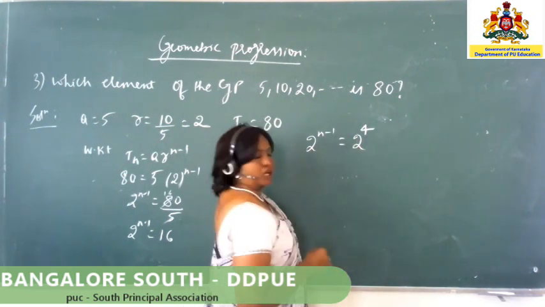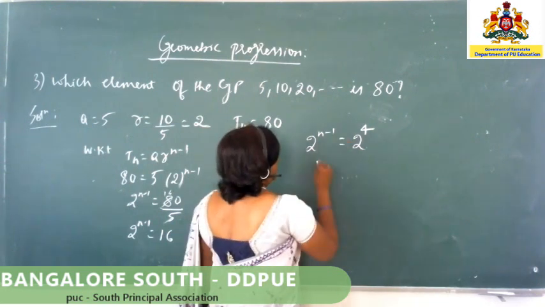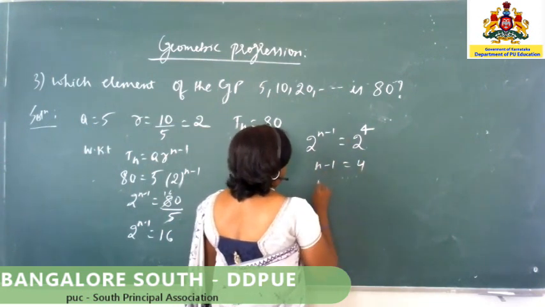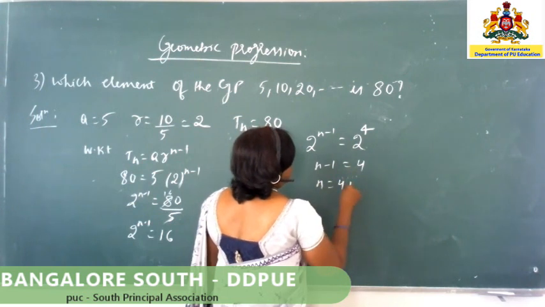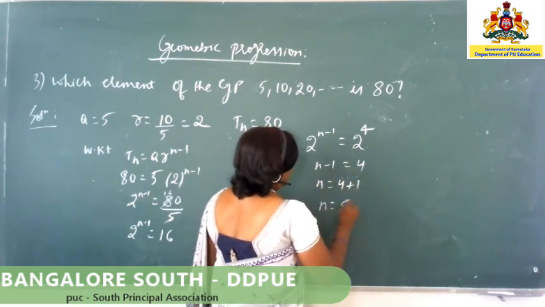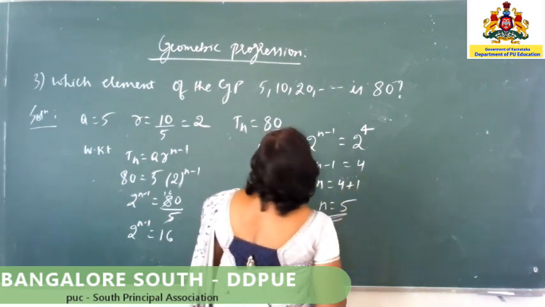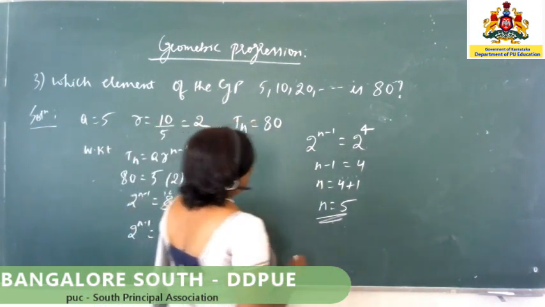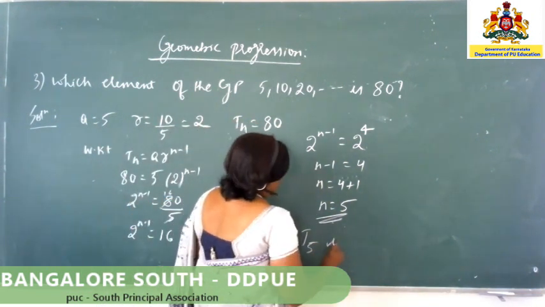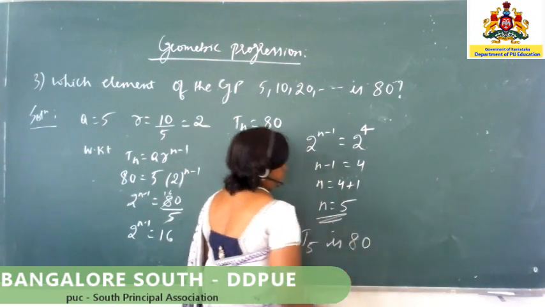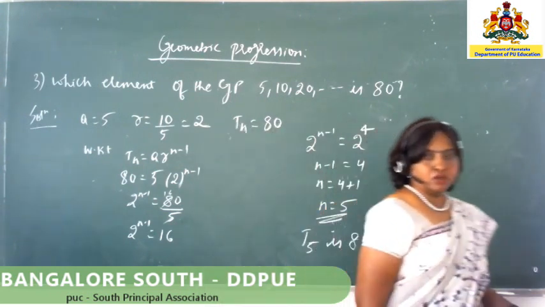So the bases are same, powers will be equal. N minus 1 is equal to 4, n is equal to 4 plus 1, n is equal to 5. That means T5 is 80. Yes, make a note.